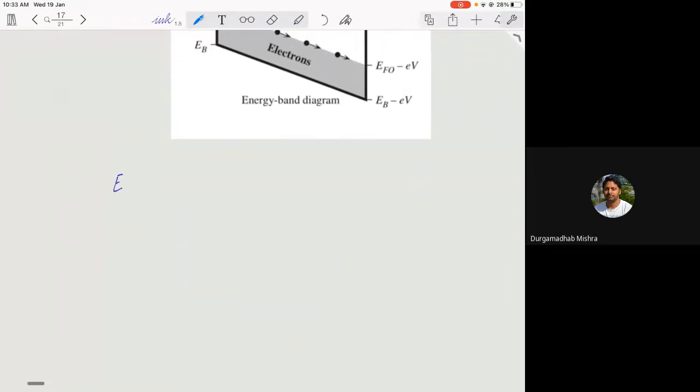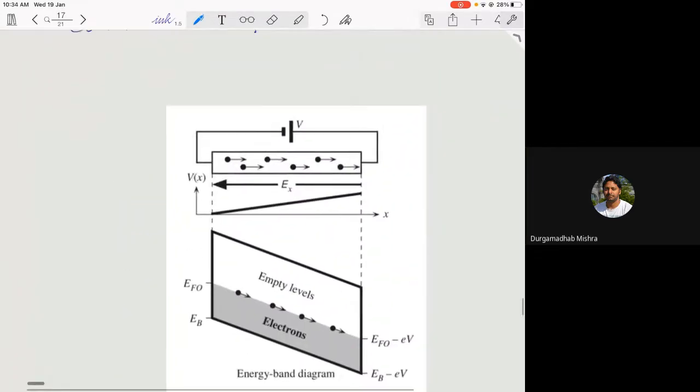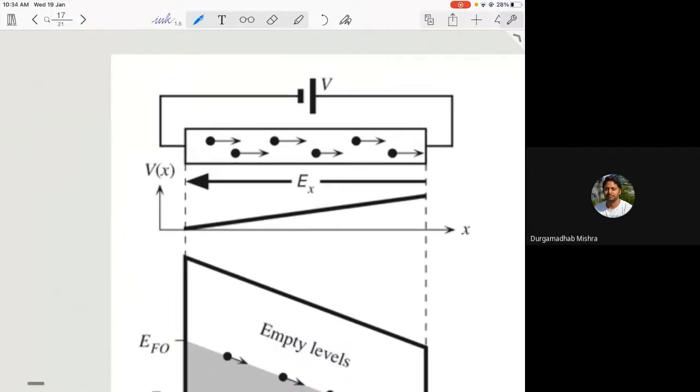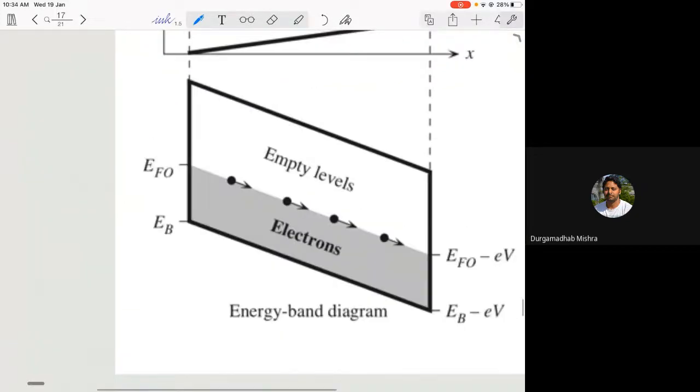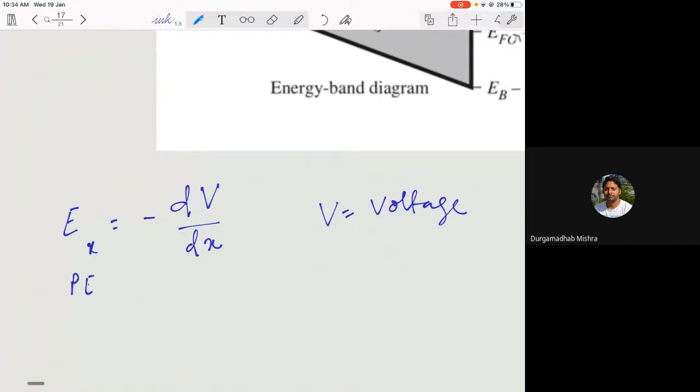So we have an electric field Ex, which is given by minus dV by dx. V is the voltage we have applied, and due to this applied voltage, electrons will experience a potential energy, equal to eV at any point x, or for an electron, minus eVx.